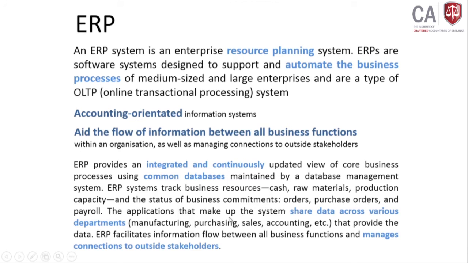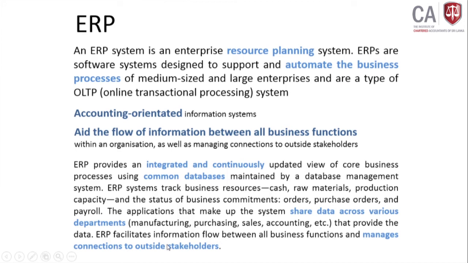The applications that make up the system share data across various departments. It interlinks all the department activities, so the data is shared across manufacturing, purchasing, sales, accounting. ERP facilitates information flow between all business functions and manages connections to outside stakeholders.